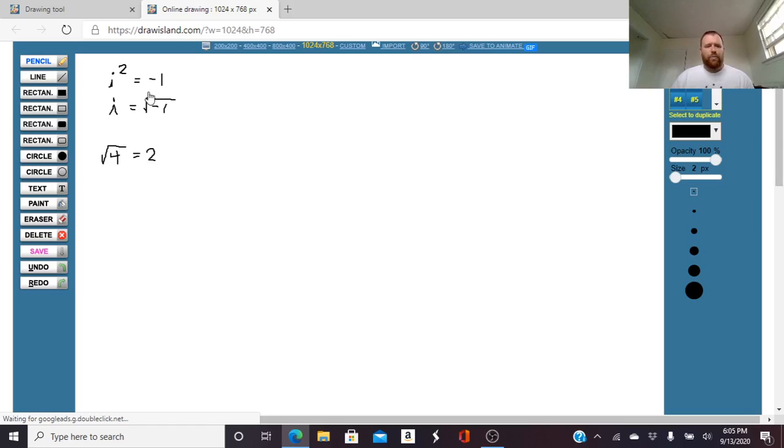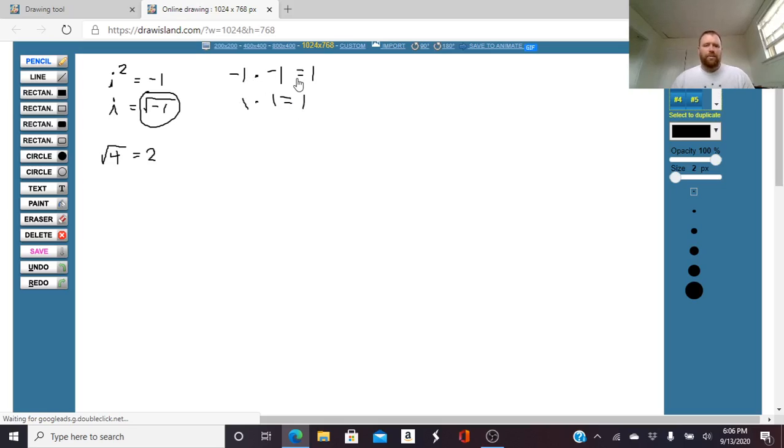So you can't get a square root of negative 1, and the reason why is that there is no number, positive or negative, that when multiplied by itself would equal negative 1 or any other negative number. Negative 1 times negative 1 is equal to positive 1, and 1 times 1 is also positive 1.